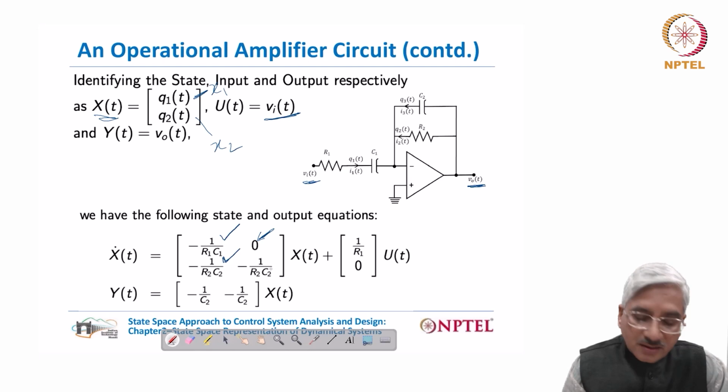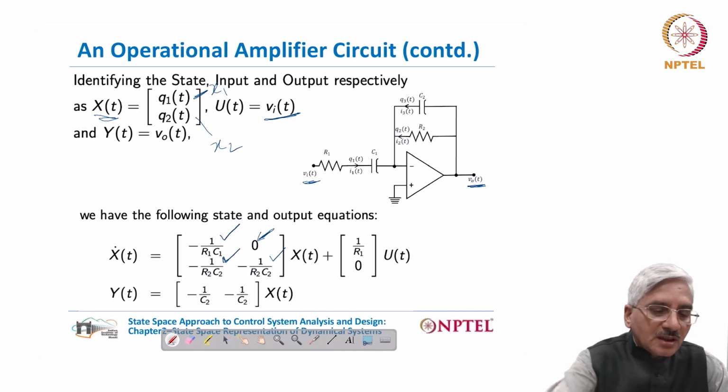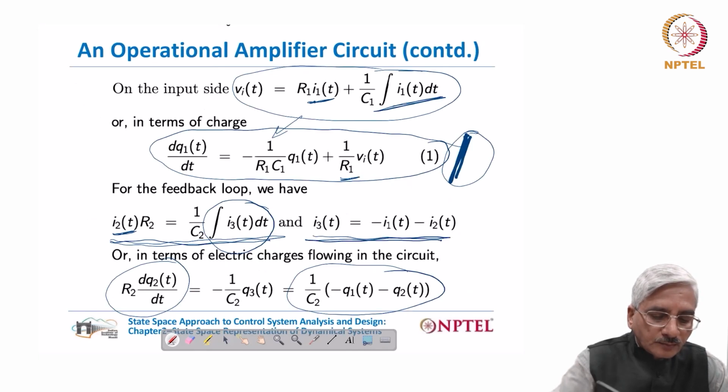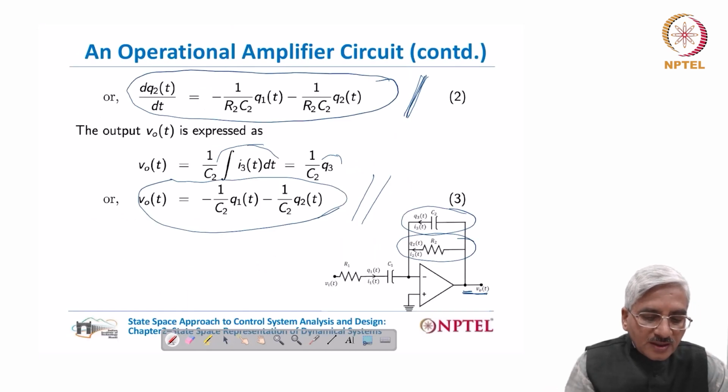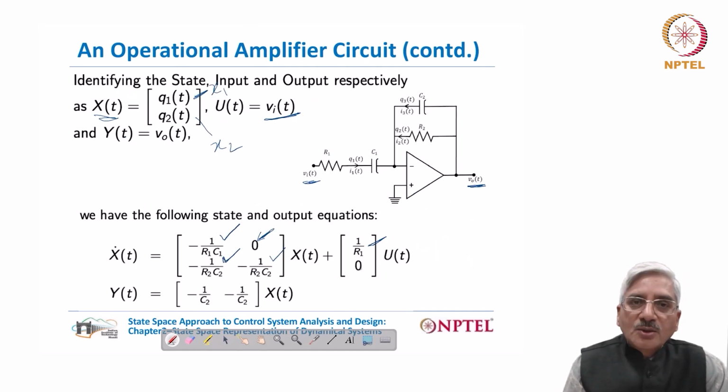It also contained another term of x2, so we have minus 1 by R2 C2 as this element in this place. The input enters in the first equation: you can see this Vi was coming through 1 by R1, so that reflects here as 1 by R1 into u. And in the second equation, in the previous slide, there is no Vi term, so we have a 0 coefficient there.